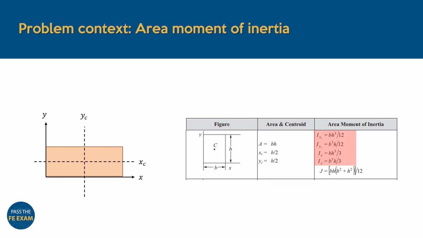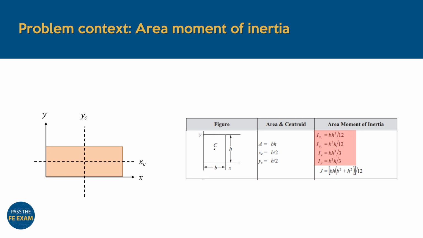We can utilize these formulas to calculate the different inertias we're interested in. However, what's very important here is that you're familiar with the notation used by the handbook. In other words, be sure to know that IXC and IYC refer to the shape's inertia about its own centroidal axis, while IX and IY refer to its inertia about the global X and Y axes.